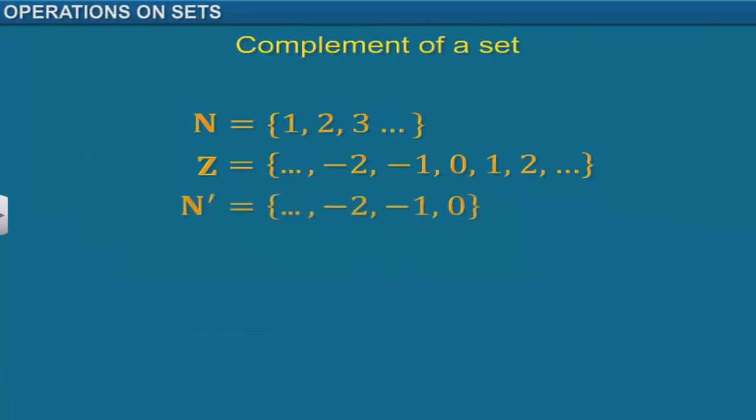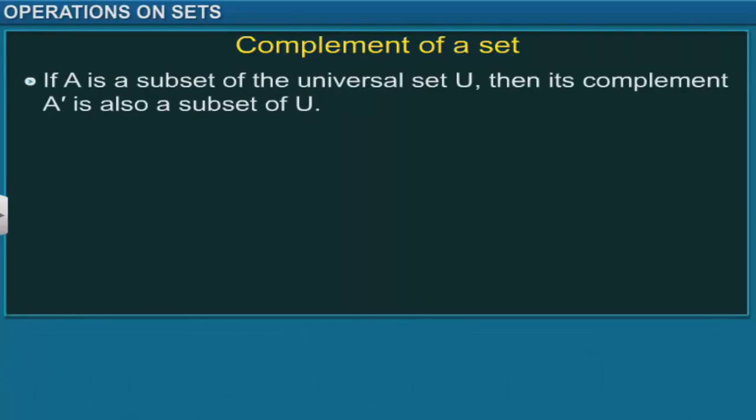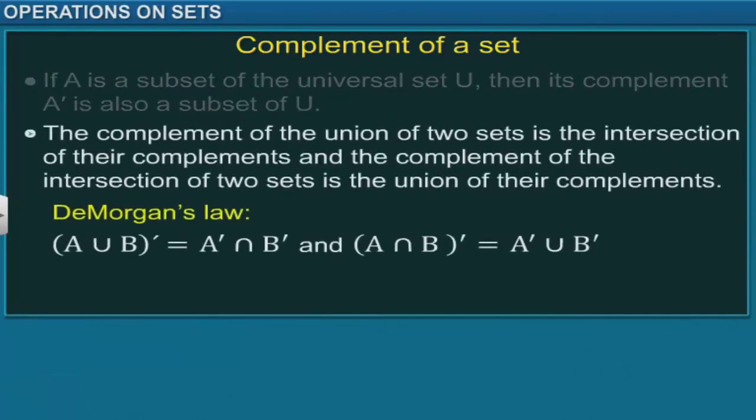If A is a subset of the universal set U, then its complement A' is also a subset of U. The complement of the union of two sets is the intersection of their complements, and the complement of the intersection of two sets is the union of their complements. These are called De Morgan's laws.